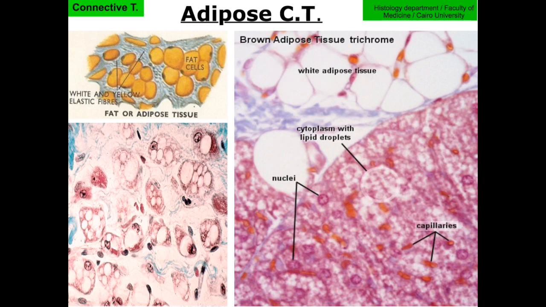Also, as regards the structure, they contain fibers. The fibers in between the fat cells are reticular fibers. But around the lobules of fat cells or group of fat cells, we have the collagen and elastic fibers. Then you have to compare between the white and the brown.